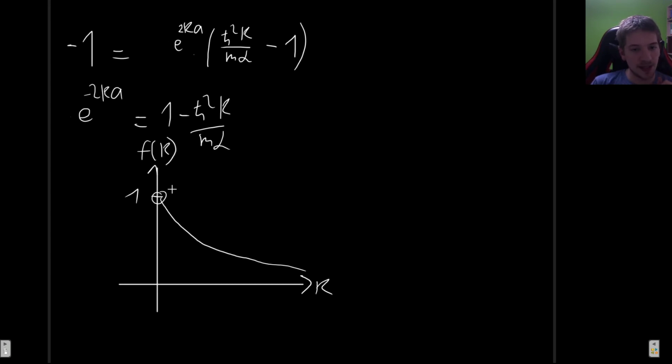But then depending on the value of alpha, this slope will be different. So it is possible that if the slope is very small, there is no solution because the straight line is just going to be somewhere around here. It might even be just a horizontal line. And in that case, there would be no solution.